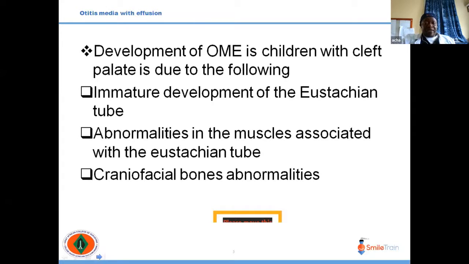And the reason why these children are prone to developing otitis media with effusion is essentially because of three reasons. The first one is because of the immature development of the eustachian tube. In children, the eustachian tube is shorter, it is more horizontal, and has a larger angle of curvature. And that makes children more prone to having otitis media, and particularly otitis media with effusion.